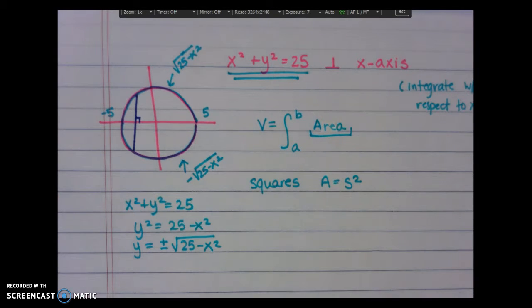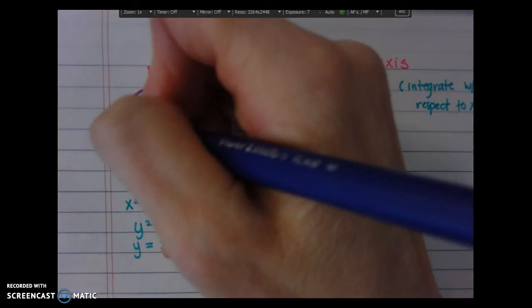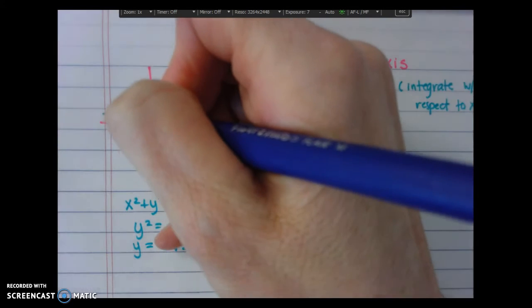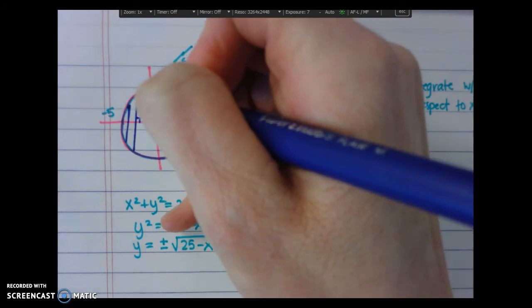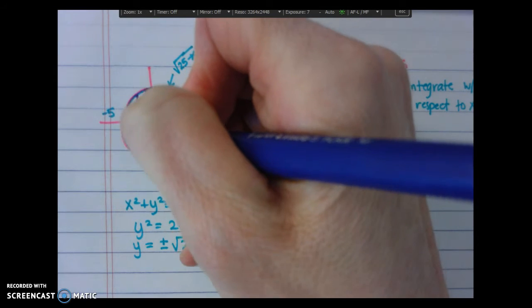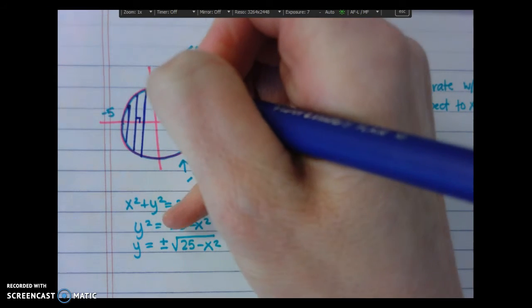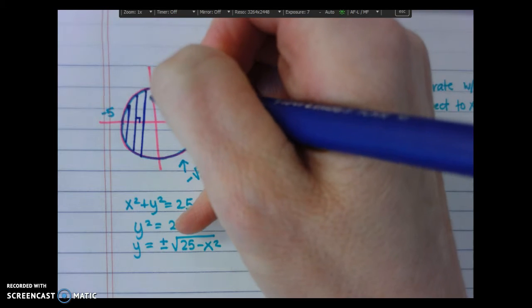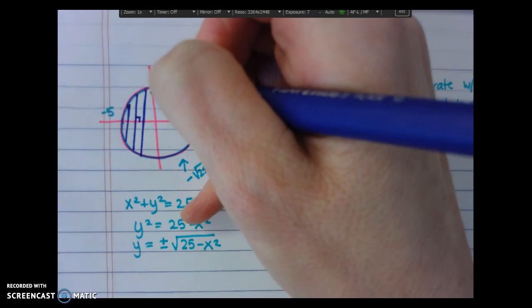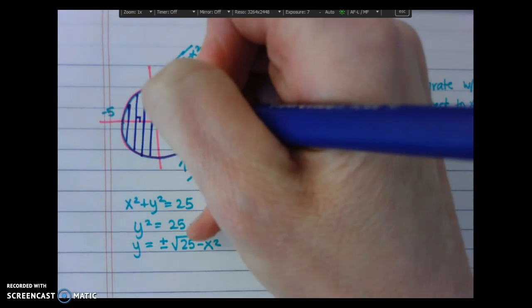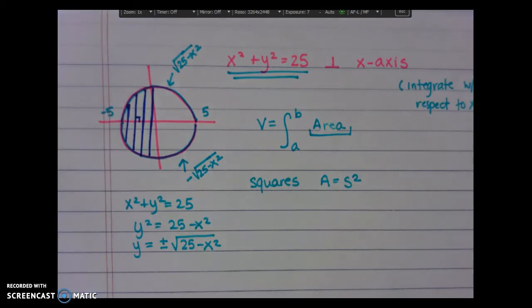And as I get closer to the edge of the circle, we know that the side of the square got smaller. And as we got closer and closer to the diameter, the sides of the square got bigger, which of course the one that went right through the diameter should have been your tallest square.